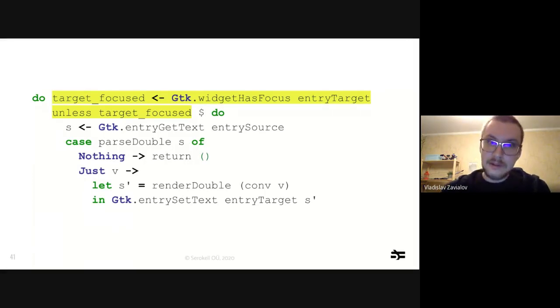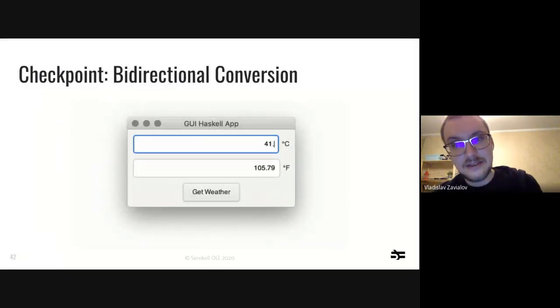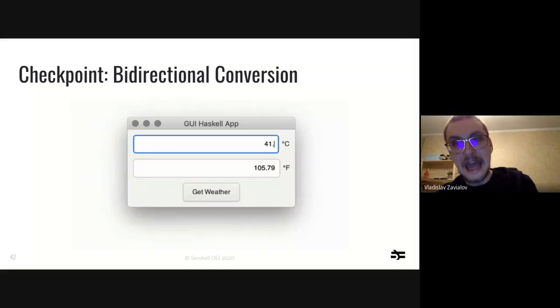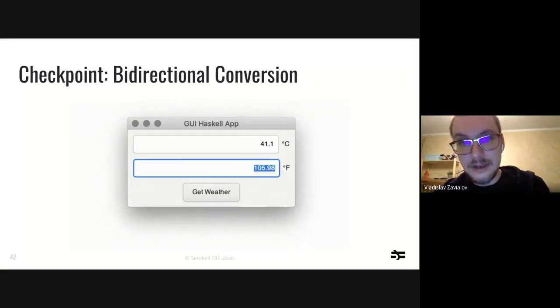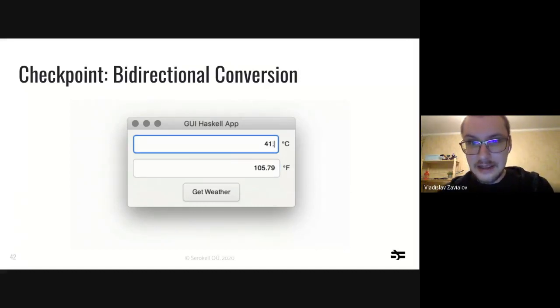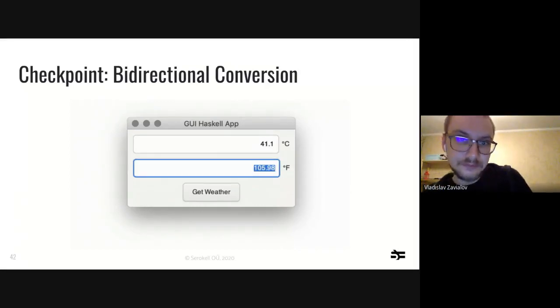So if the target widget is focused, don't do anything. But if it's not focused, do what we've discussed previously. And this gives us a nice bidirectional converter, which immediately shows the results to the user and doesn't interfere with their input. No feedback loops, and dare I say, a nice user experience.